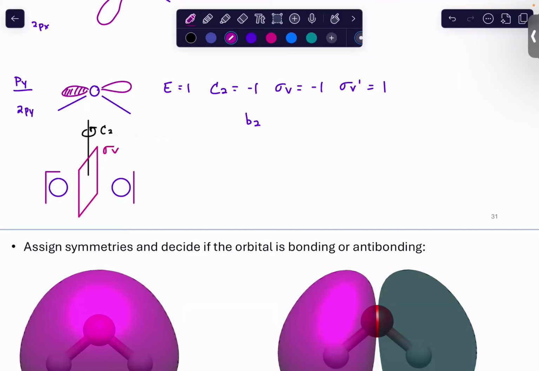And my sigma V prime. Okay, so now we start asking ourselves what happens. So the first situation is where the ligand orbitals, because again, hydrogen only has the one S, the ligand orbitals are in phase with each other.